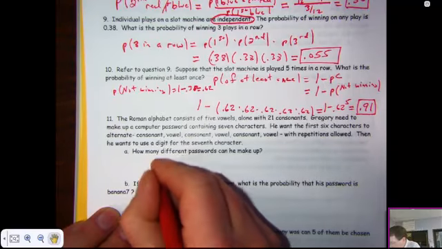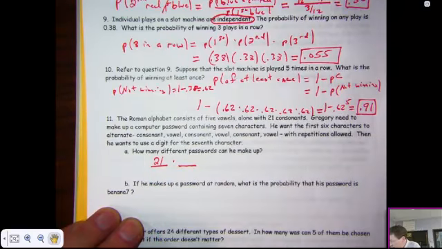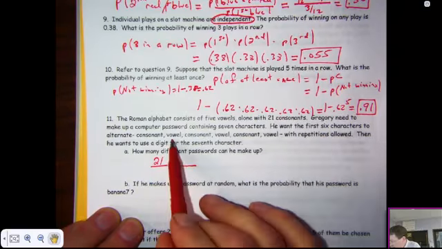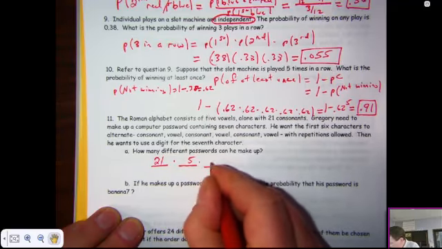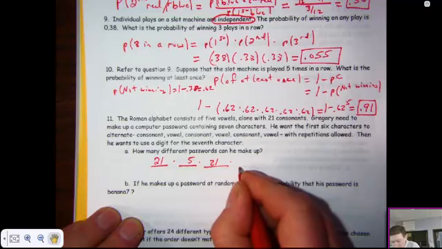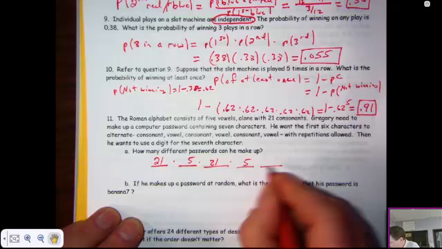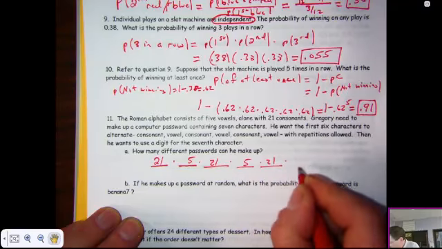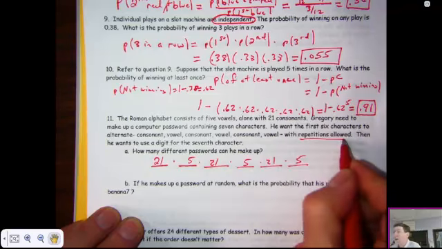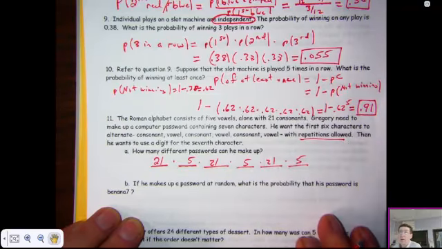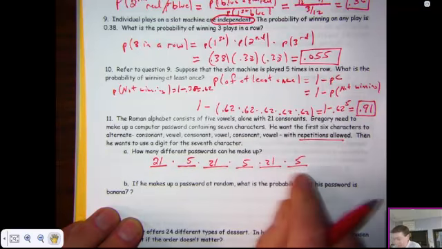21. Second character, vowel, then consonant, vowel, consonant, and another vowel. And we can allow repetitions. If we couldn't allow that, it would change it, wouldn't it? But I can allow that. Now, what's the last one going to be?